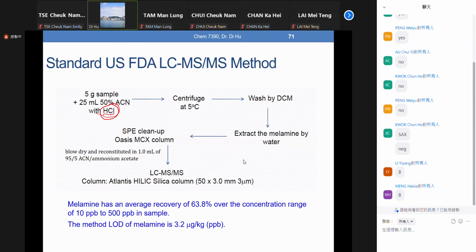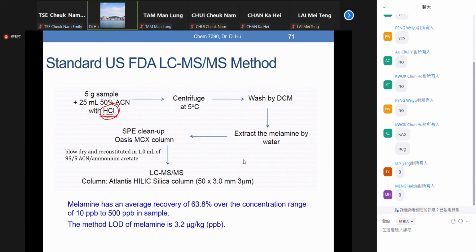The reason is that we want to make it charged, so that it is more readily soluble and more easily extracted by polar solvent. So we use an ACN and water mixture with acid to make melamine charged and easier to extract.